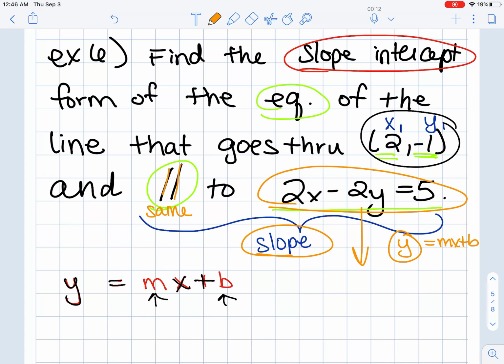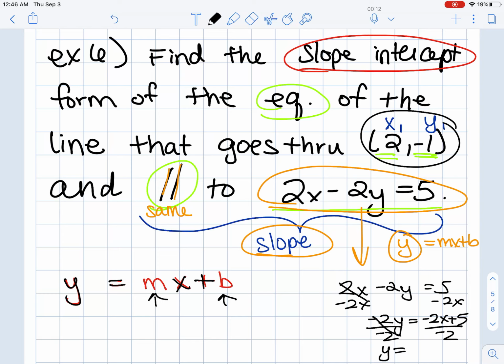Here we go. I'm going to write it right next to it. And let's get y by itself, so we're going to subtract the 2x, and then divide by the negative 2. We get y equals positive x plus a negative 5 over 2. And we can just leave it like that for now.